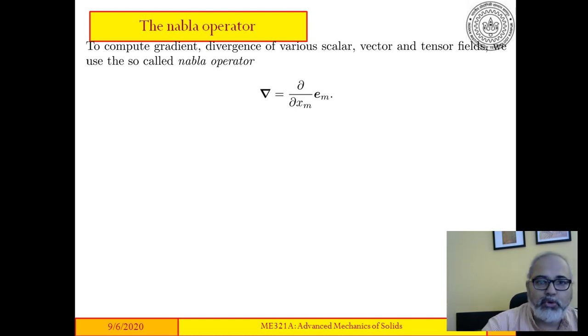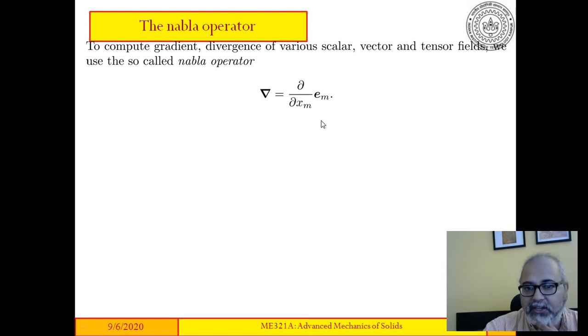What we rely on most of the time is the nabla operator. So this nabla operator is an operator. It's not really a vector, but what we do is we treat this thing as a vector. And that simplifies the operations quite a lot, at least in the Cartesian coordinate system.